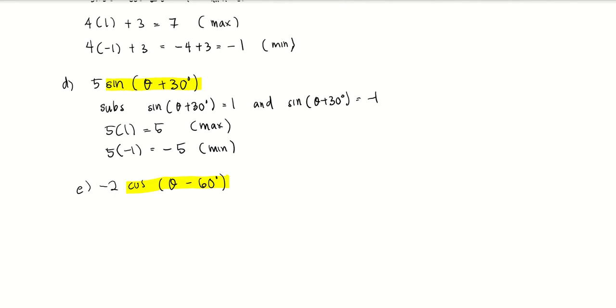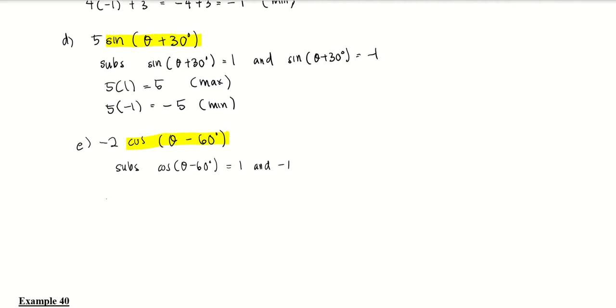So take the whole thing and just substitute. Okay, the angle inside can be anything. Okay, angle can be anything. Okay, so we just substitute 1 and negative 1. So substitute cos theta minus 60 by 1 and negative 1.